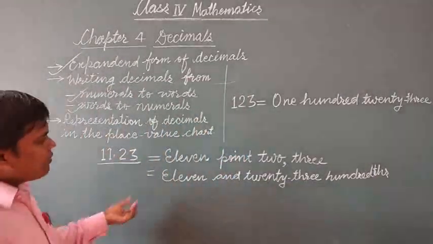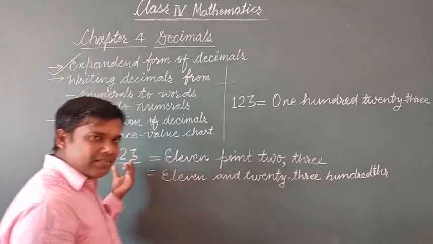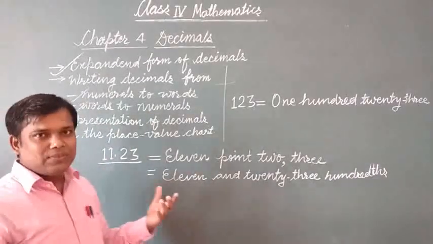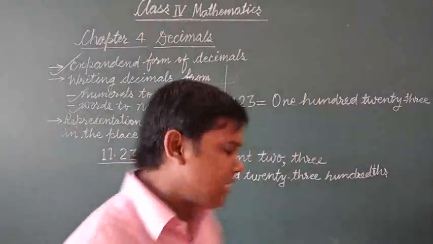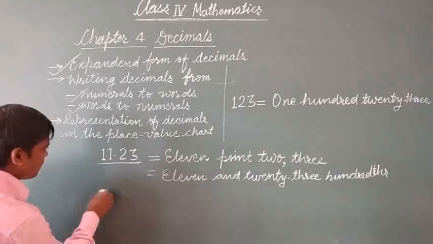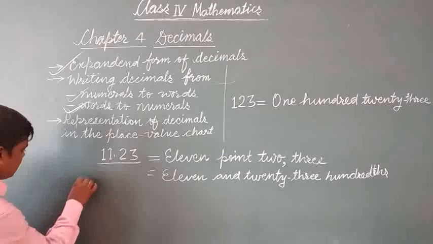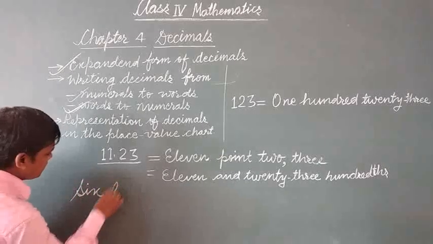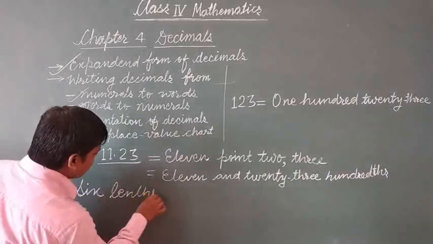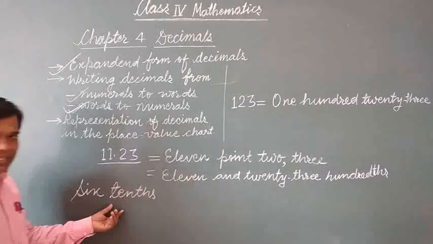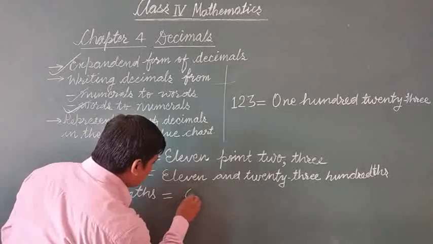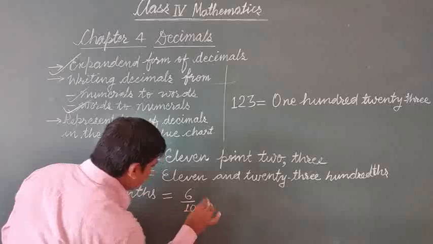Now if words are given, you can easily write the numeral. Suppose it is given 6 tenths. This one I am telling is words to numeral. If it is given 6 tenths, what are you doing? 6 by 10, 6 by 10 in fraction.